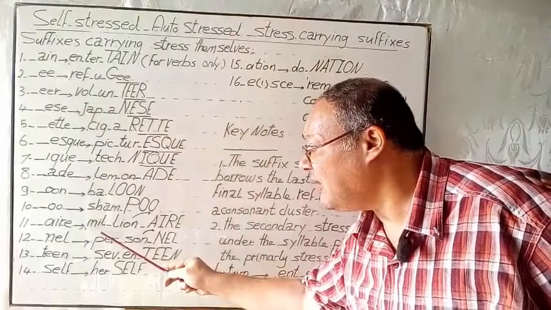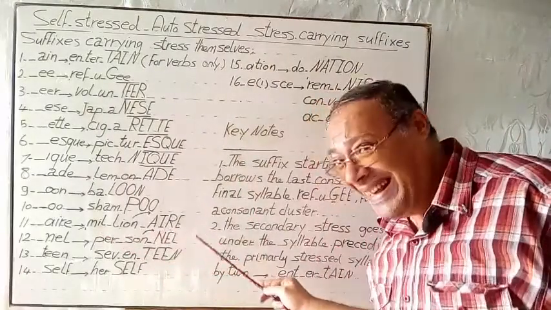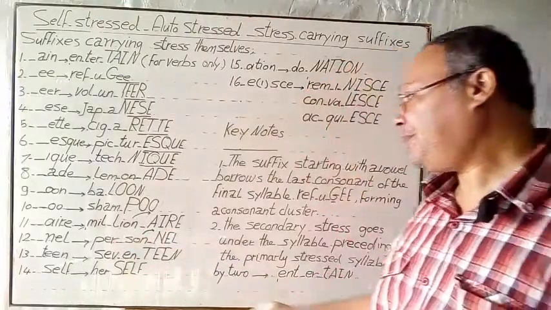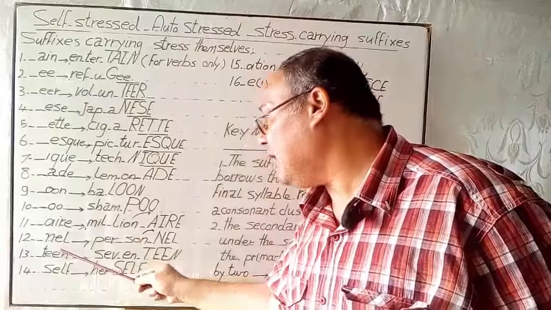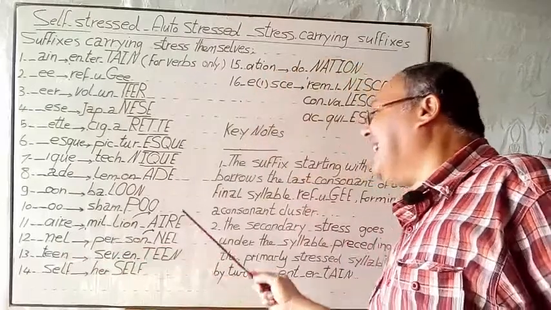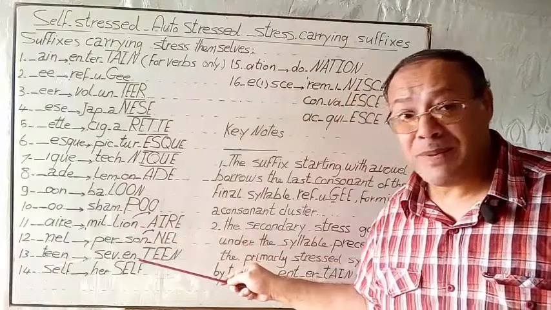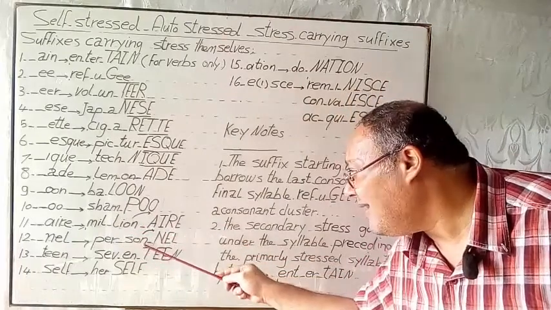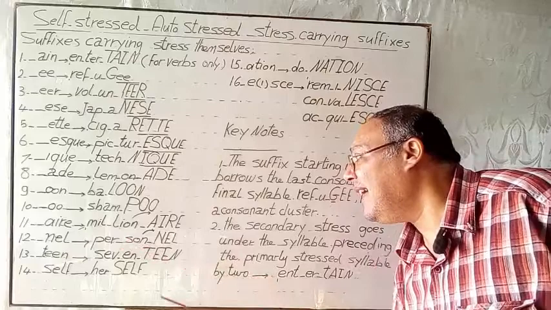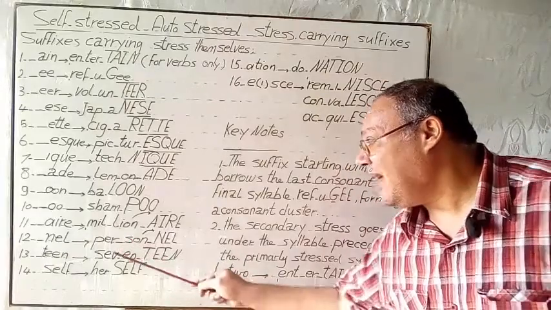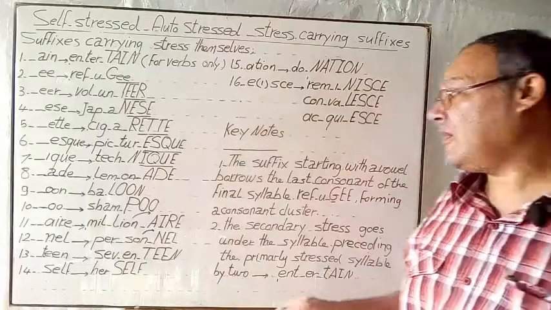So it's not millionaire, it's millionaire. Now, personnel. What goes for this can safely go for this. It's not person-ill, it's personnel.